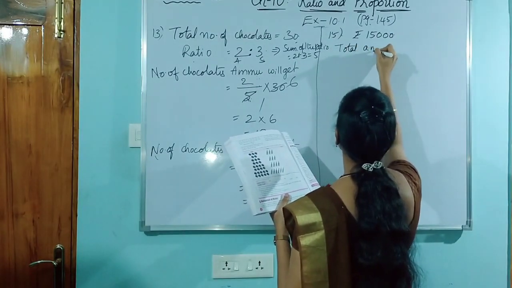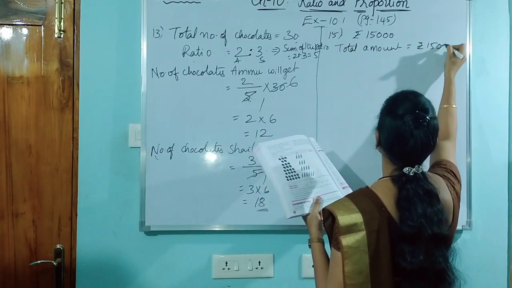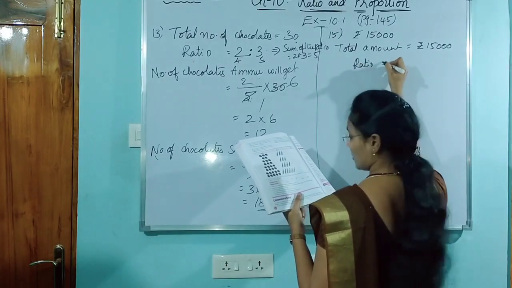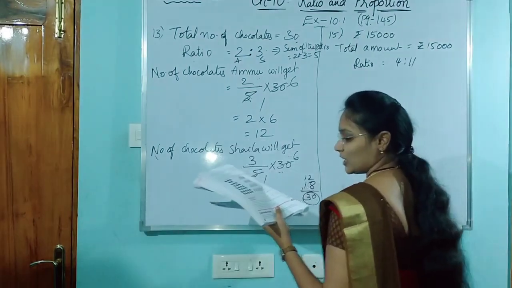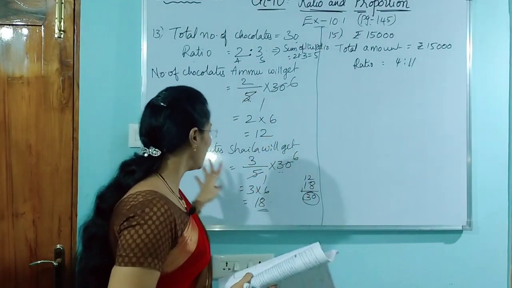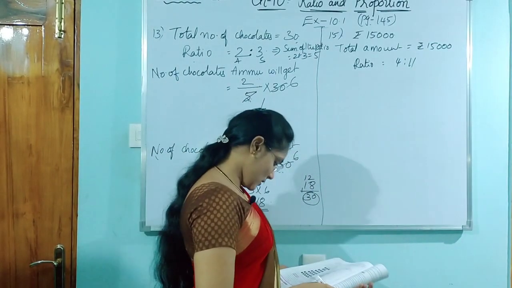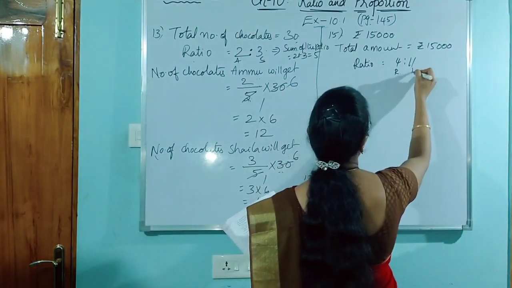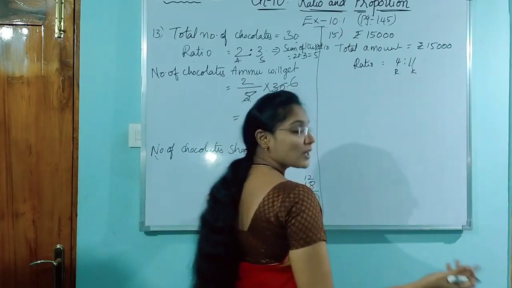Total amount is rupees 15,000. Ratio is 4:11. How much each one will get if they share, we are going to find out. Just like 13 only now. Okay, so first Ram we will find out. This is the ratio of Ram and Kartik. First term is Ram, second term is Kartik.